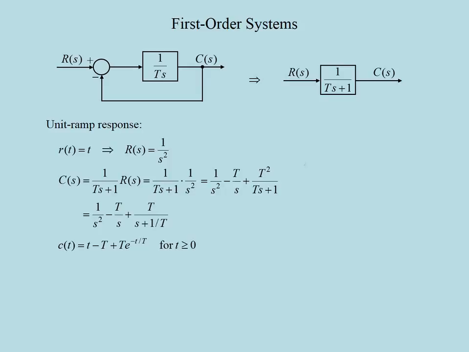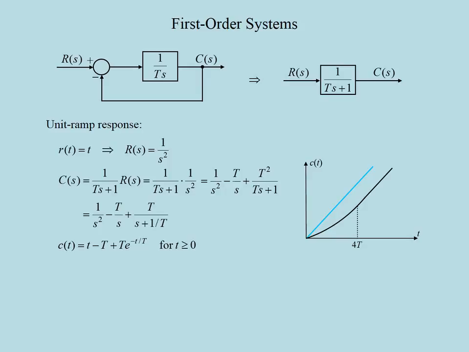Here are the time evolution of the reference input and the output. Again, the time constant T is in charge of shaping the response. We see that after 4 time constants, the output can follow the reference input with a fixed error.